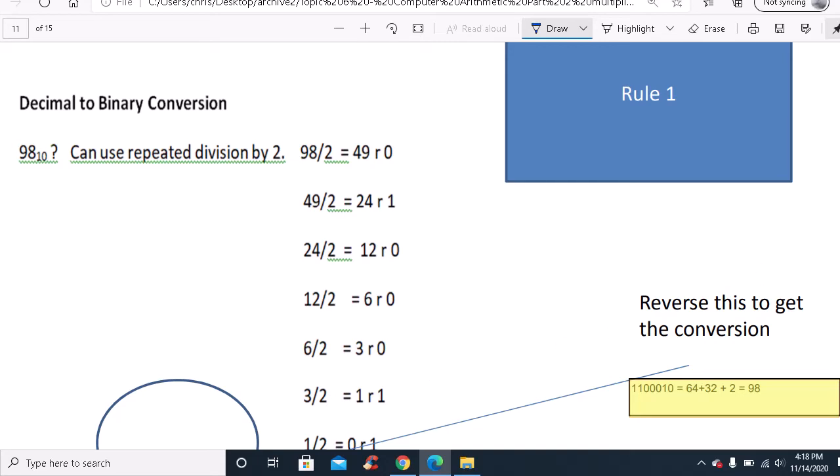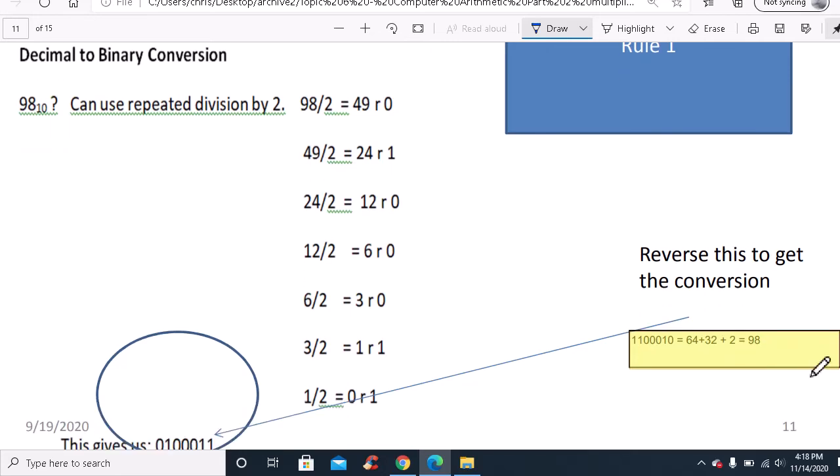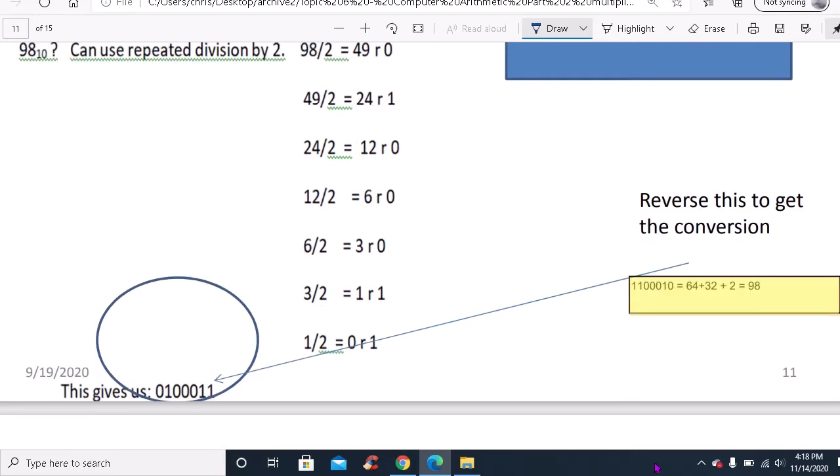And finally, 1 divided by 2 gives you 0 remainder 1. So this gives me the sequence 0 1 0 0 0 1 1.